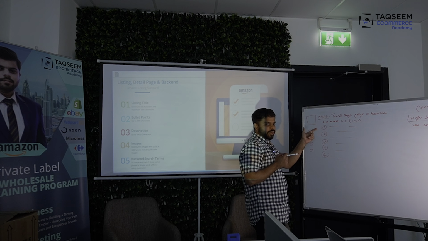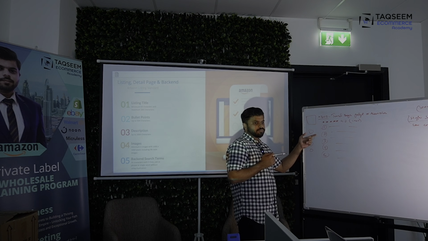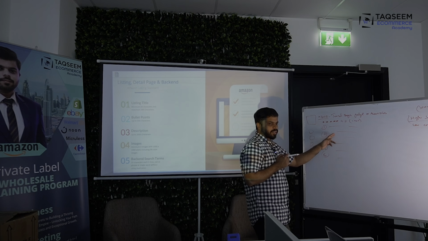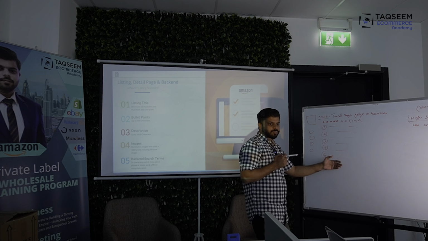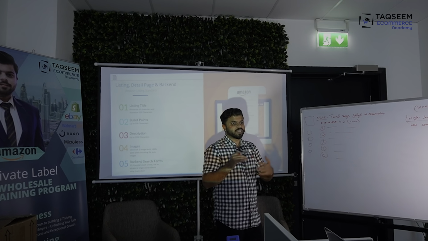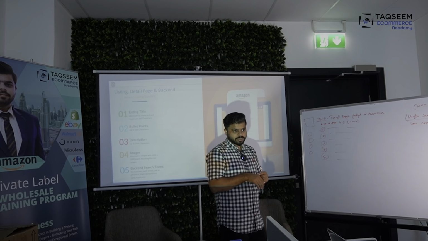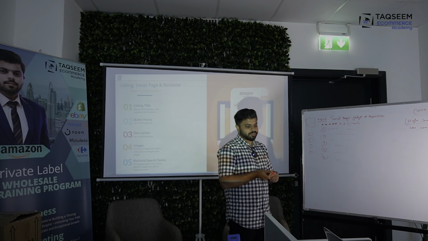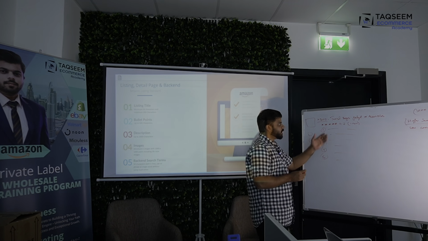If I add a keyword in bullet point 1, that means I'm giving it more preference. I'm telling my algorithm to be more focused on this keyword, because I really want to rank my product on these keywords.